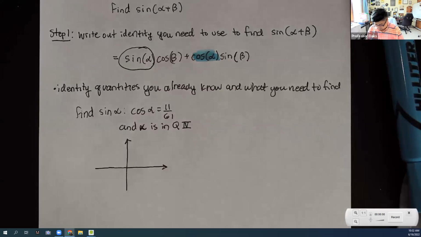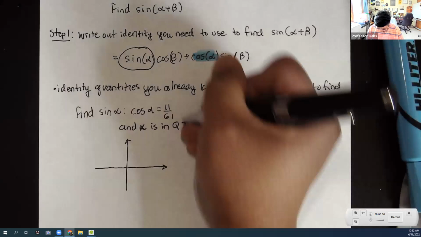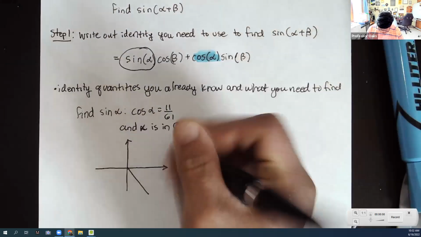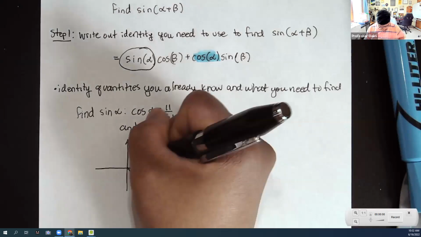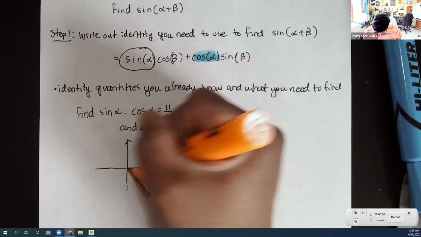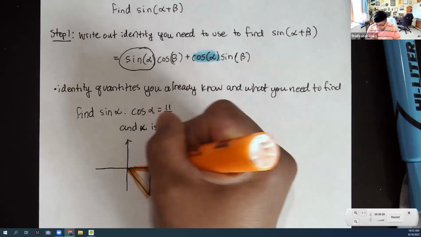So it's the same idea. We're in quadrant 4, so the reference angle looks like this. So this is a quadrant 4 reference triangle.